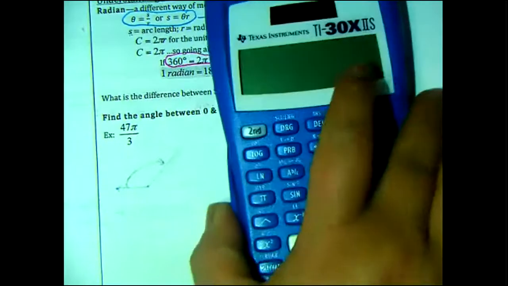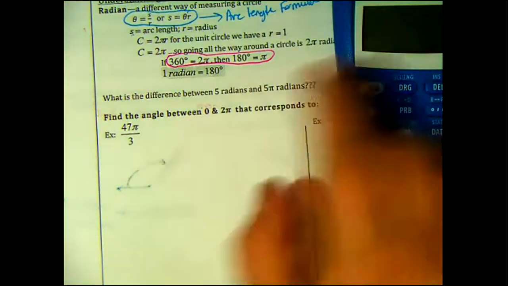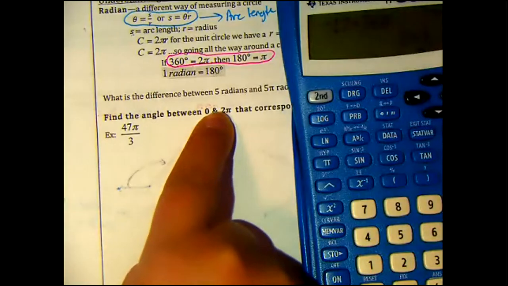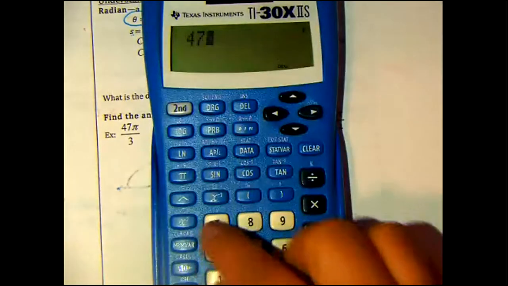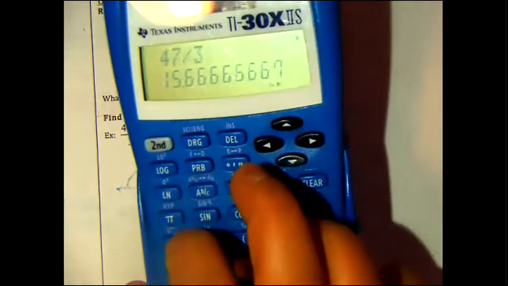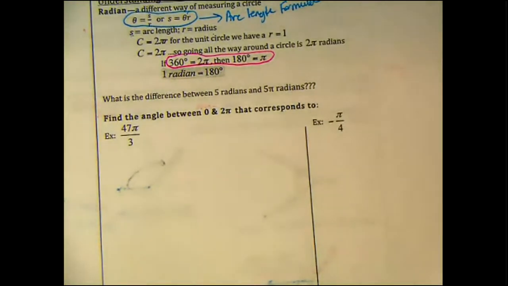Now, how do I know 47 pi over 3 is not between 0 and 2 pi? Because if I do 47 divided by 3 and it's anything larger than 2, that means I'm over 2 pi. So obviously we know that 47 divided by 3 is going to be larger than 2. It's actually significantly larger than 2. Okay, so we're going to have to subtract quite a number of 2 pi's.